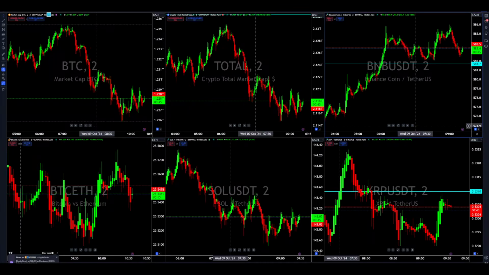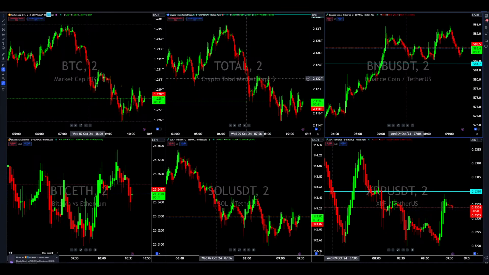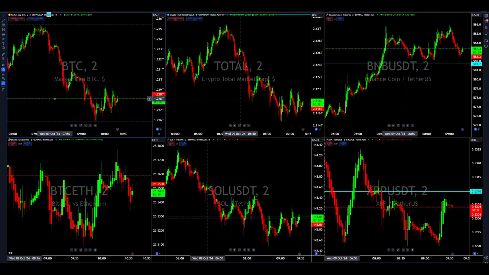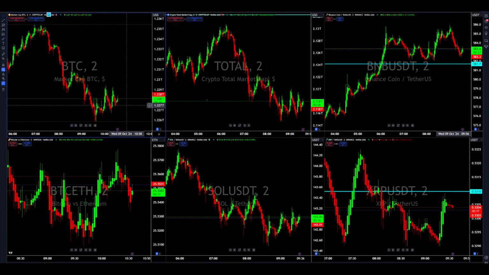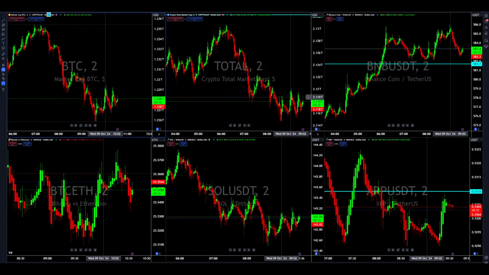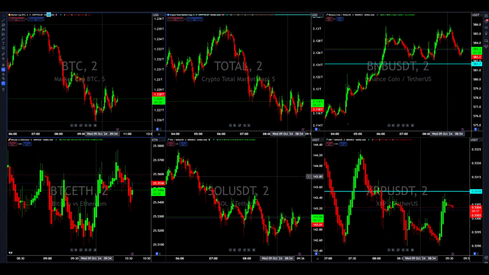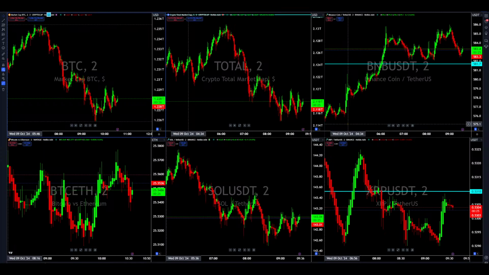I look at them very often, because I'm having total market cap and BTC. If BTC market cap is falling, but the total market cap is not falling, it means that these coins, BNB or XRP or Solana, can continue to keep falling after the BTC market cap.